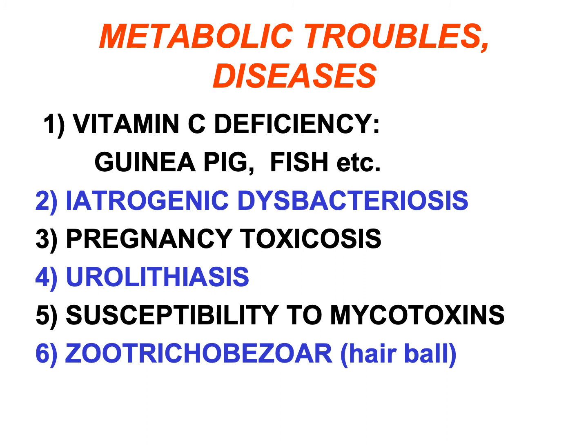Iatrogenic dysbacteriosis can be caused mostly after peroral application of large-scale antibiotics in guinea pig, but also for rabbit, mice and rats, and I also add that in case of foal, which is not a laboratory animal but important. Pregnancy toxicosis can occur, urolithiasis, susceptibility to mycotoxin. Now we have to stop for a minute.